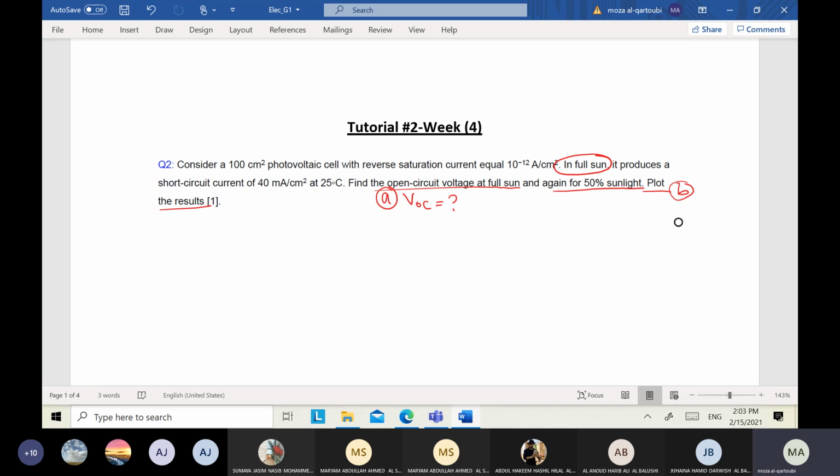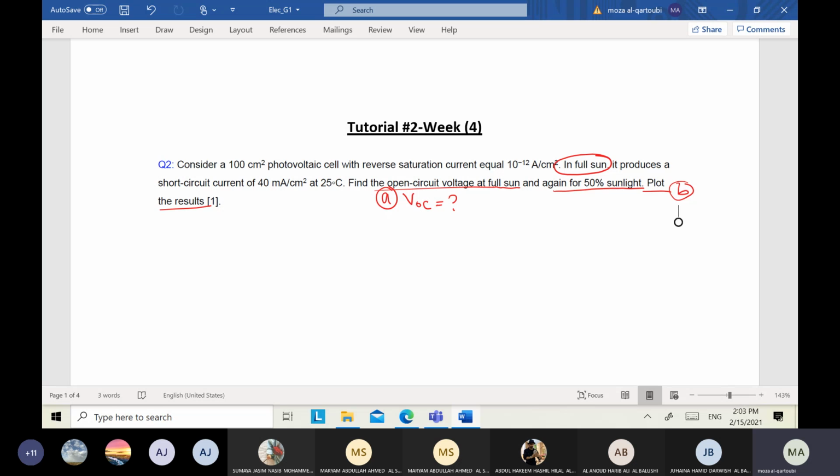For a photovoltaic cell, two different currents should be given. One of the two is called light generated current, which in the ideal case will be I short circuit. Also given is another current called reverse saturation current.